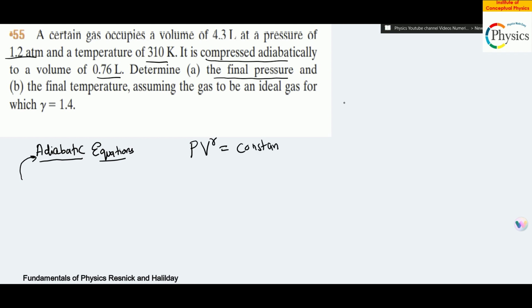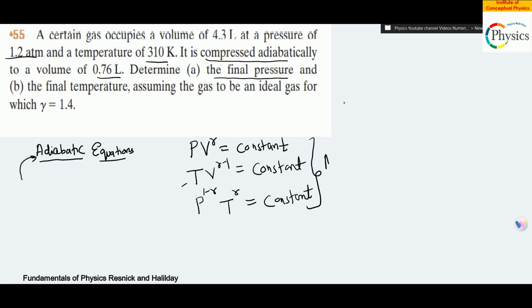This is the first equation. Just remember this. The second equation, which connects temperature and volume, is TV gamma minus 1 is equal to constant. All right. The third equation is P raised to 1 minus gamma, T raised to power gamma is equal to constant.